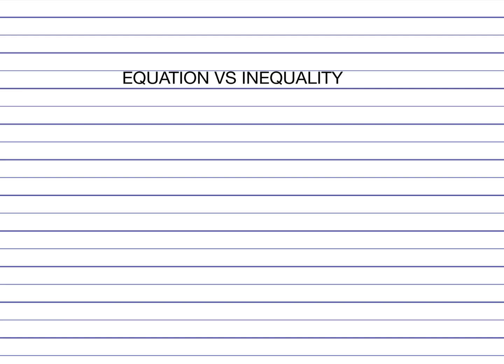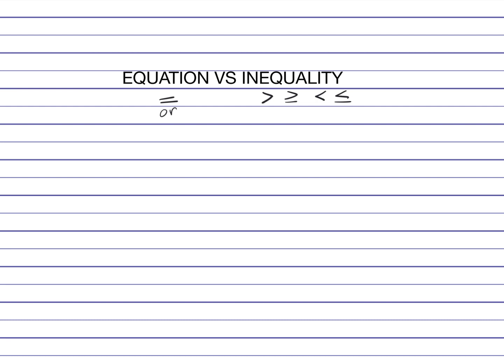It says equation versus inequality. So an equation has an equal sign. An inequality has one of these symbols, greater than or equal to, less than or equal to. So I want you to remember equations are equals, those are always or. That's your conjunction.